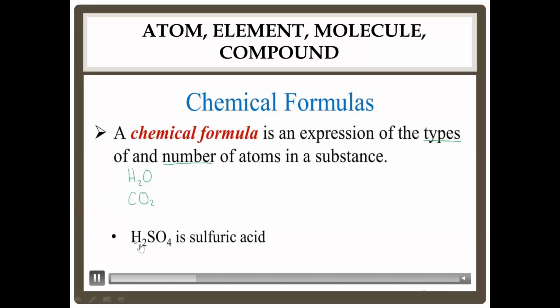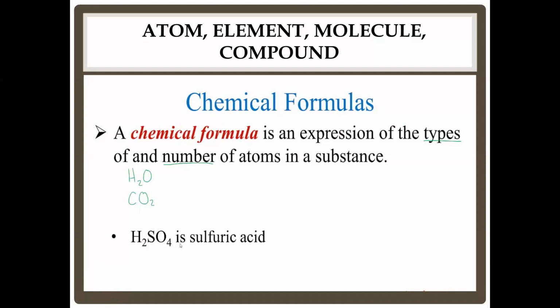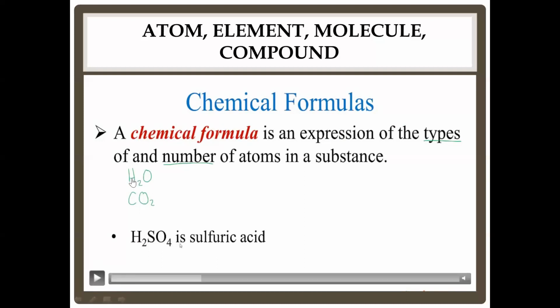Okay, before going into its detail, I will write another one, that is H2SO4. This is the chemical formula of sulfuric acid. Okay, so here you can see that in water, first of all, we will go into the type of atom. So how many types of atoms are there in a water molecule? Hydrogen and oxygen.